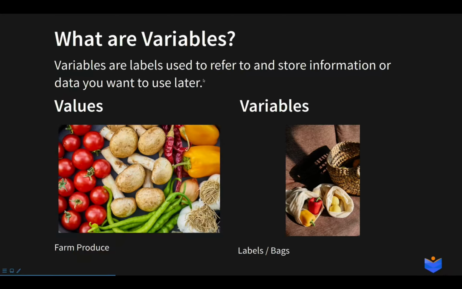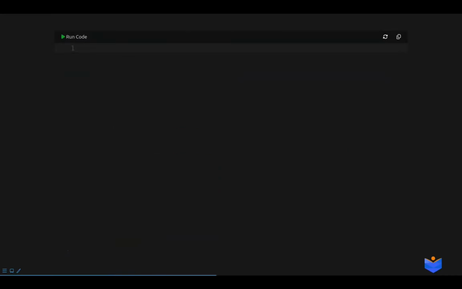Okay, now let's put this example into R. Our farmer has the following farm produce: maize, cayenne, bell pepper, onion, and mushroom.